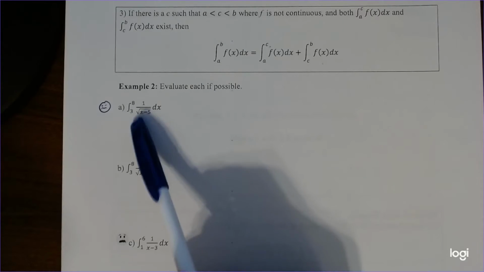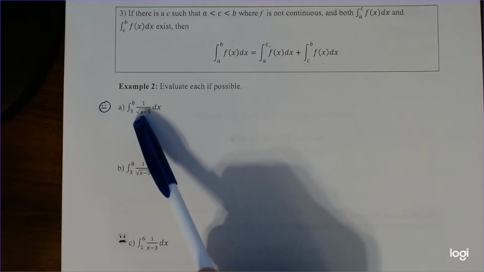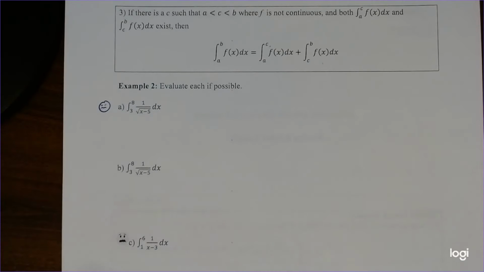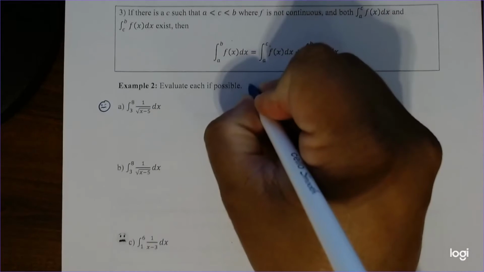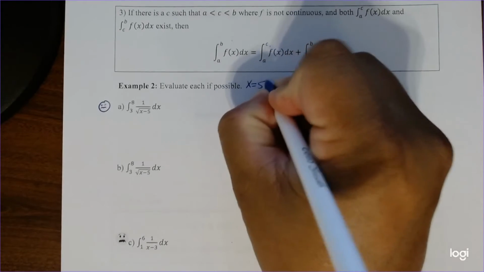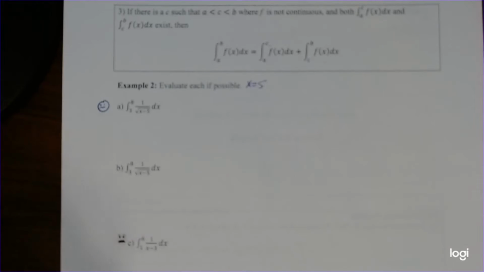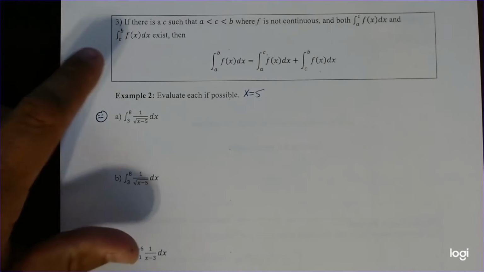It doesn't give me 0 at the bottom, which is good. If I plug in 8, that also gives me good, so there's no 0 at the bottom. However, notice there's a number between 3 and 8 that doesn't work for this, and that is when x equals 5. Because if x equals 5, we get 0 at the bottom, which is a big no-no. So that's where this situation comes into play.